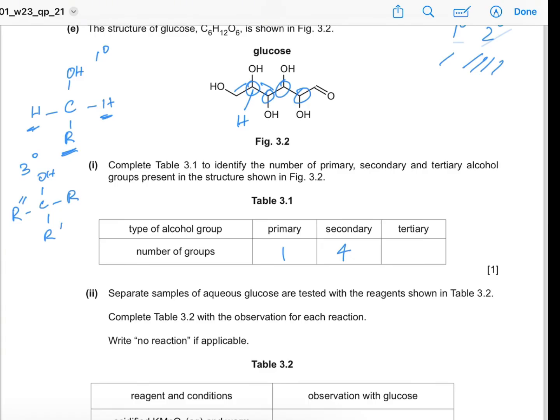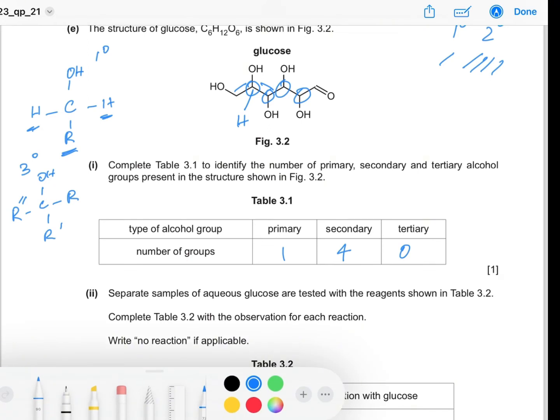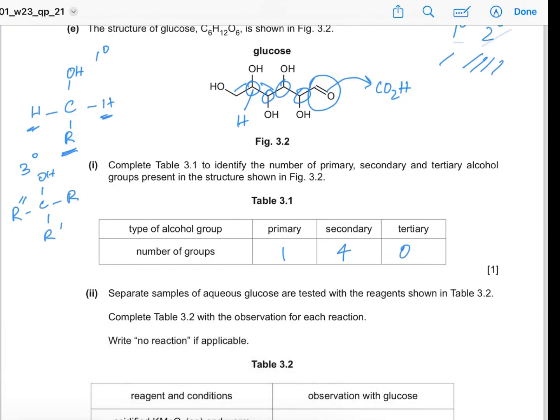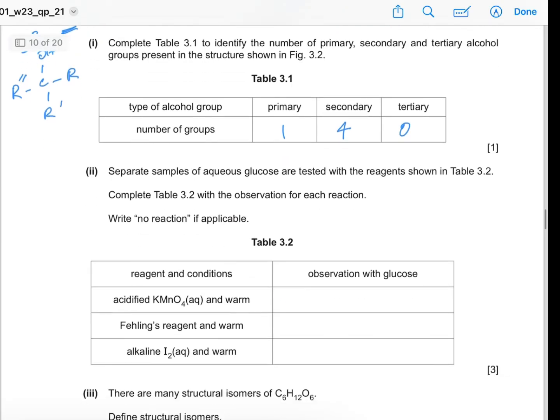So glucose has primary and secondary alcohol groups as well as an aldehyde group over here. Warm acidified potassium manganate is a strong oxidizing agent which oxidizes the aldehyde part to carboxylic acid. And for the observation, you would observe that the purple color due to potassium manganate turns colorless.